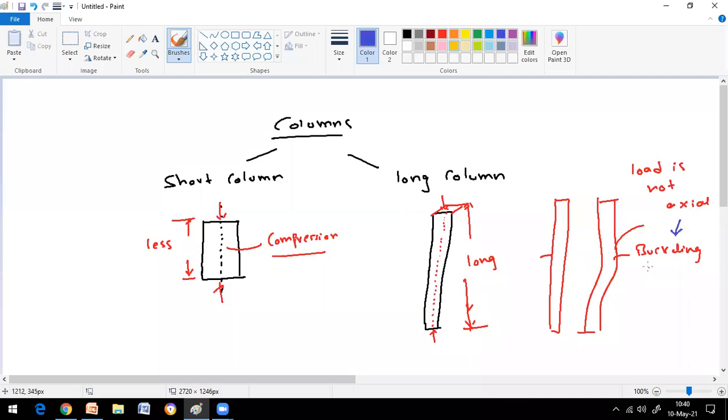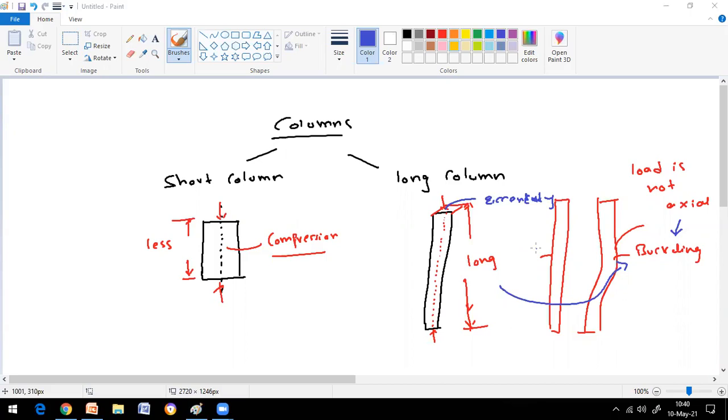And when the load is not axial, this load is creating some eccentricity. That eccentricity makes your column buckle. That is the reason why long columns will always buckle. It is just because of having an unknown eccentric distance from the center of gravity of the section.